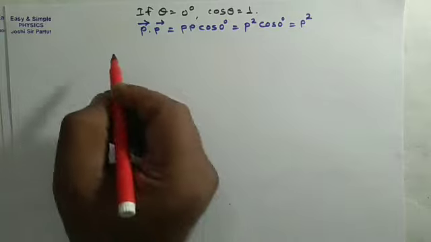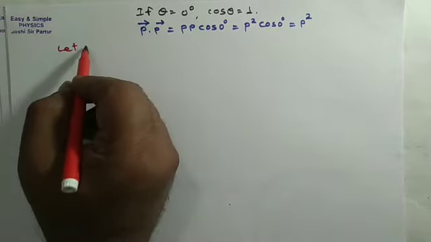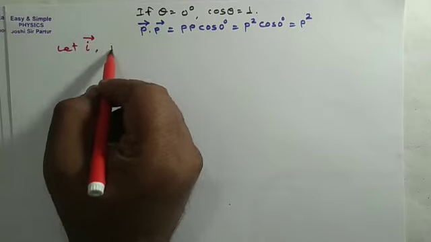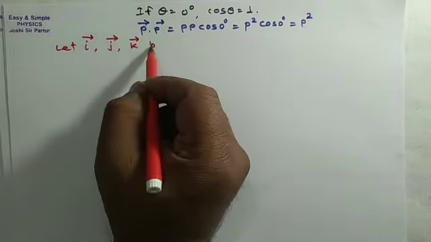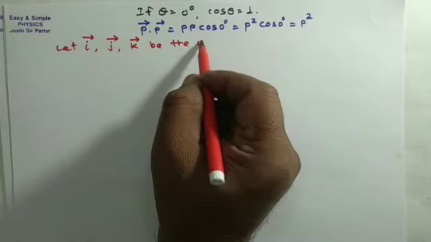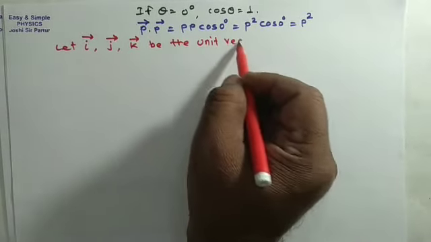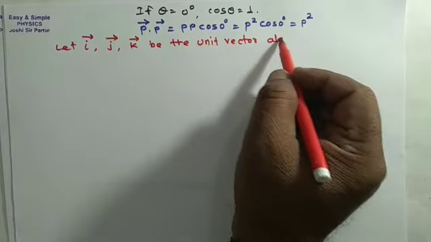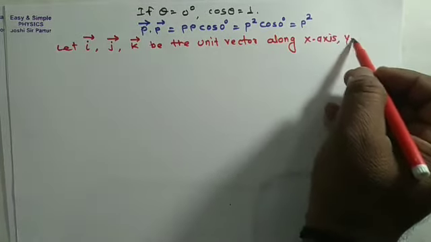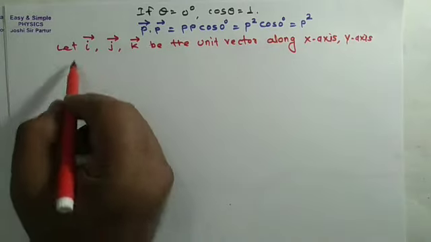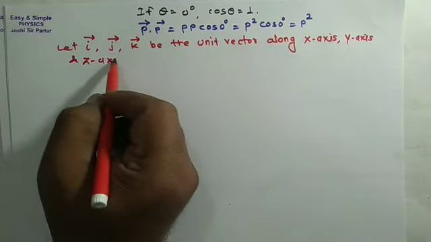Let vector i, vector j, vector k be the unit vectors along the x-axis, y-axis and z-axis.